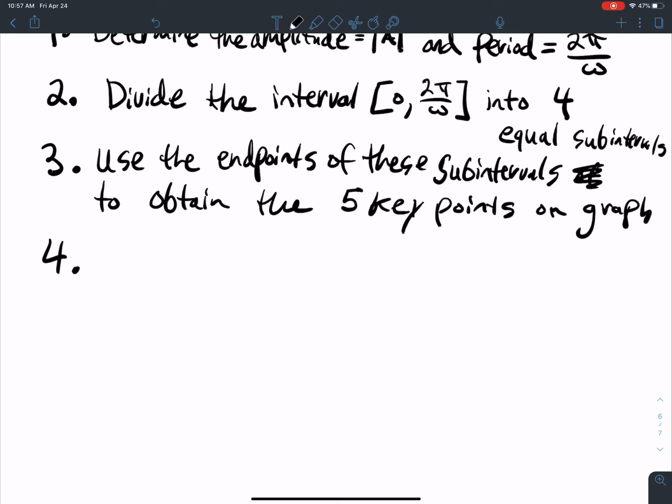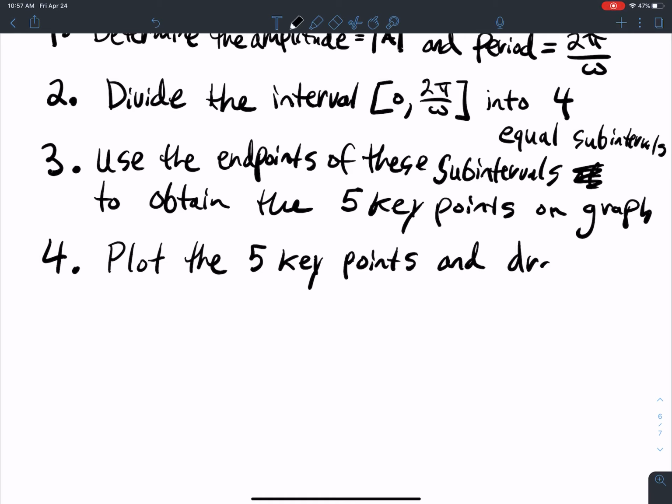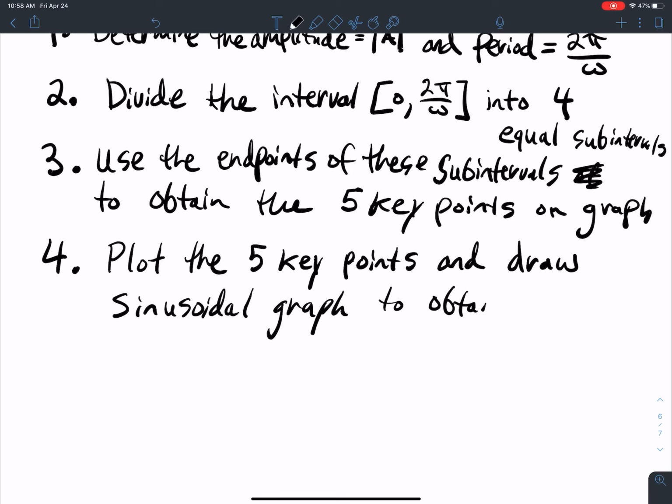The last step is to plot the 5 key points and draw the sinusoidal graph to obtain one cycle.